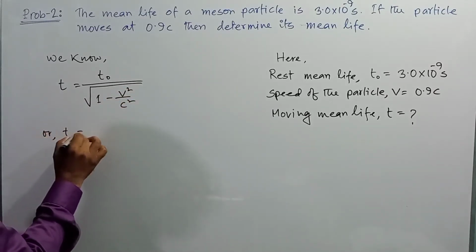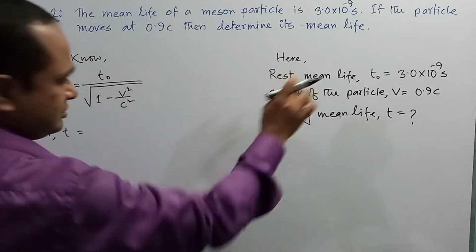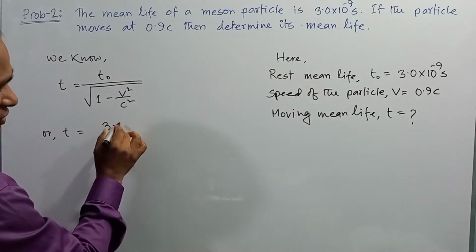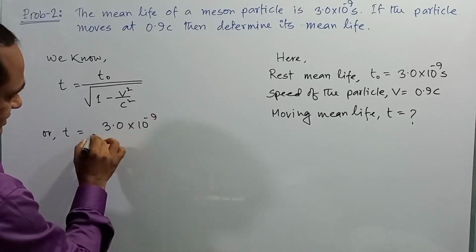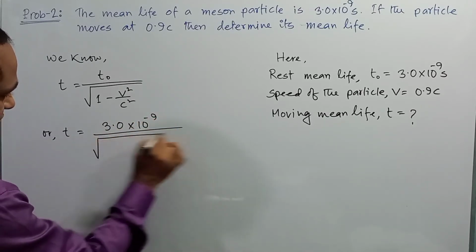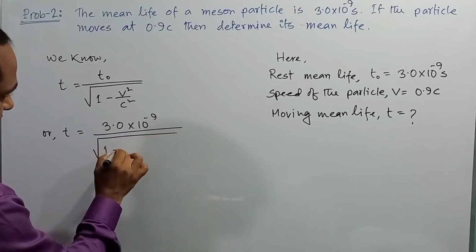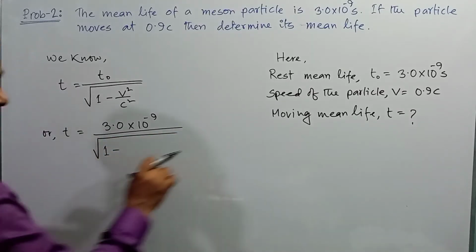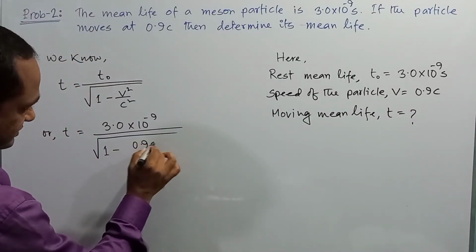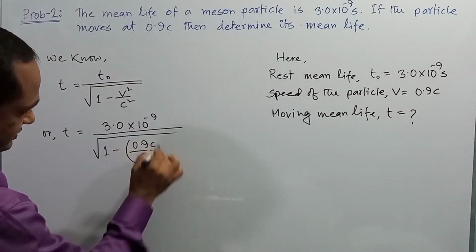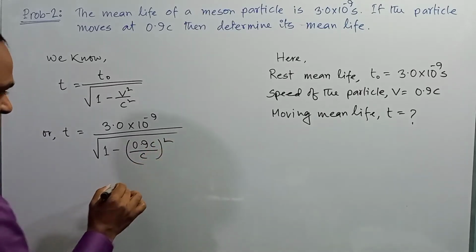The value of T naught is 3.0 into 10 to the power minus 9, divided by square root of 1 minus V square, where the value of V is 0.9 c, divided by c square, right?